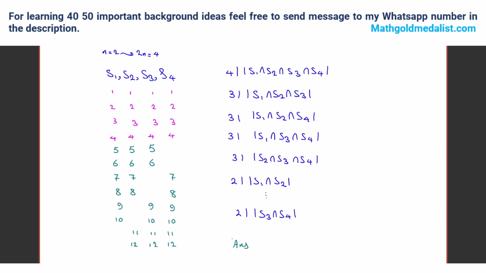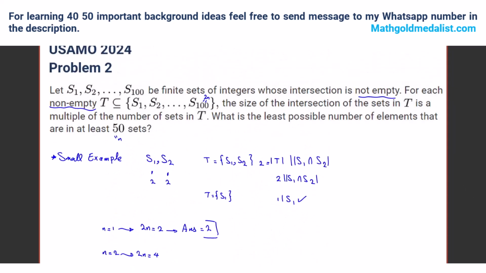What? It says if you consider the intersection of all of them, it should be a multiple of 4. If you consider the intersection of any 3 of them, the number of elements should be a multiple of 3, and each 2 of them a multiple of 2. What do you mean? So we should prove it is the minimum of something.